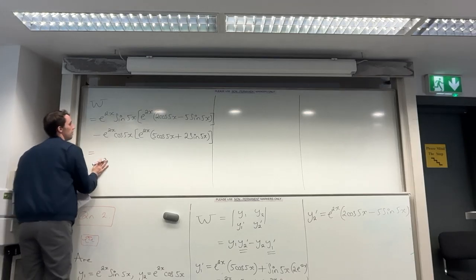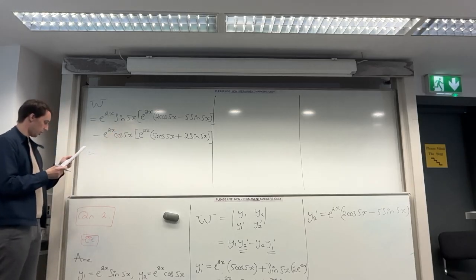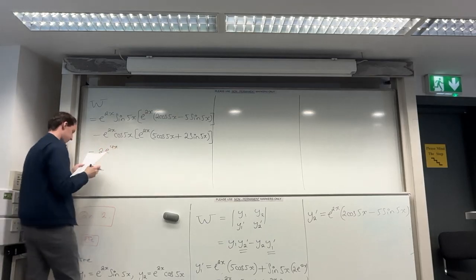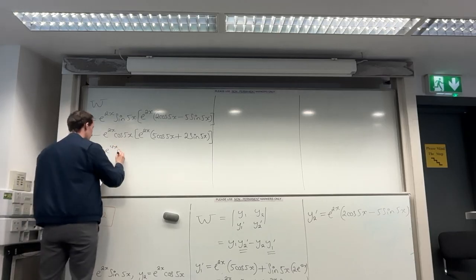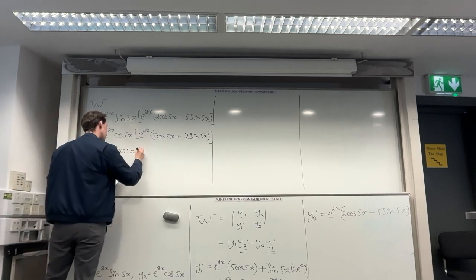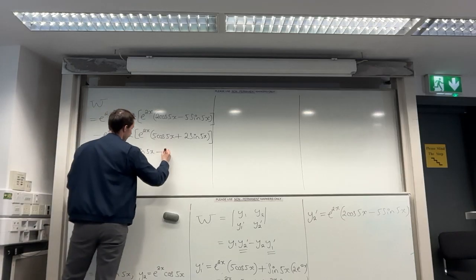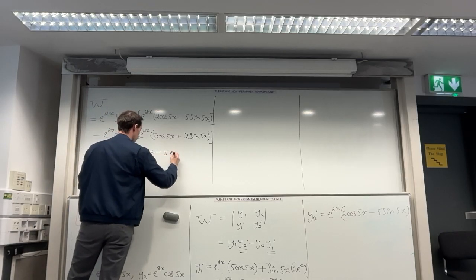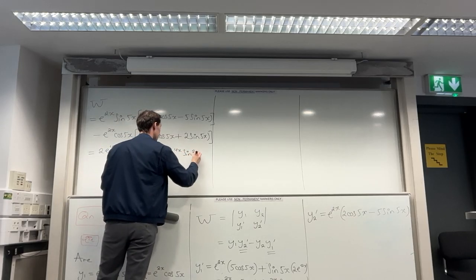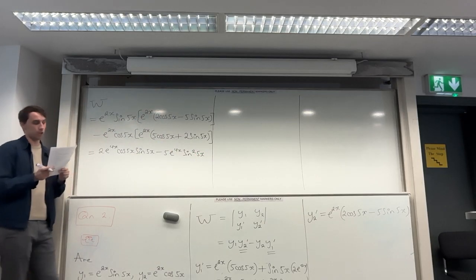So, a little bit of messy algebra. If you multiply out the first term here, you'll get 2e to the power of 4x cosine 5x sine of 5x minus 5e to the 4x sine squared of 5x. All I've done here is multiply this first term out.